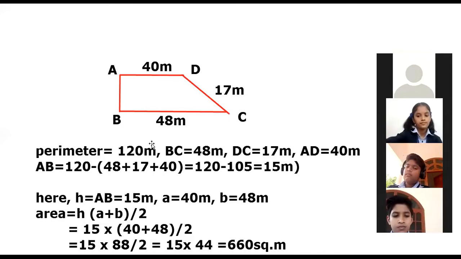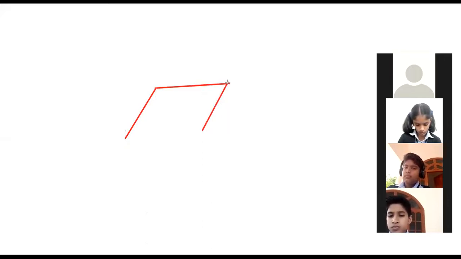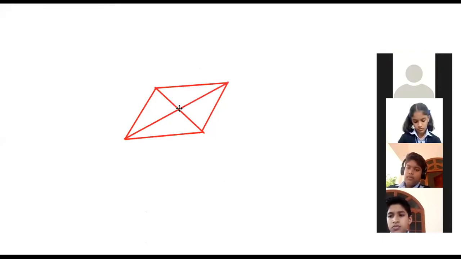Let me draw a rhombus. Wait. Okay. This is a rhombus. All its sides are equal. Then if I draw two diagonals like this, they bisect each other. So this length will be equal to this length.